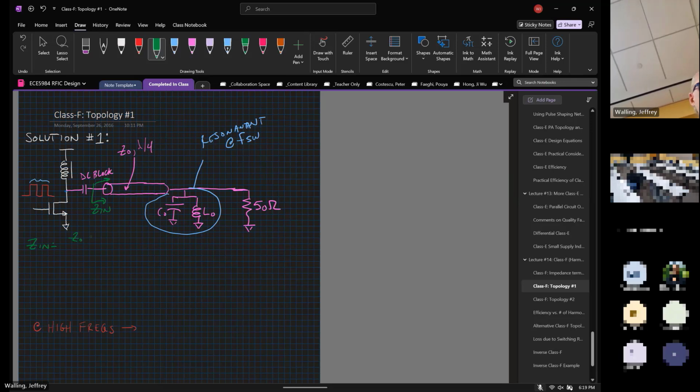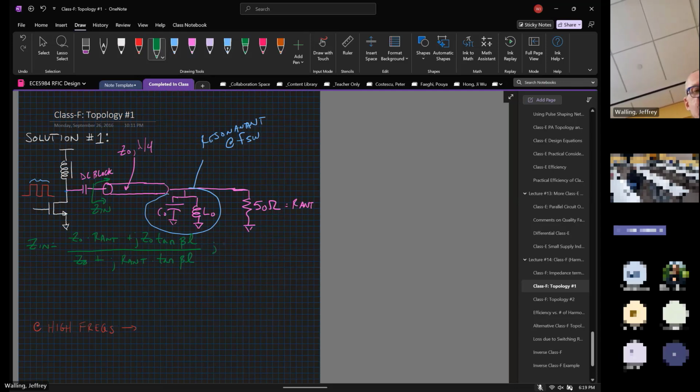It's Z naught times, I'm going to call this R antenna, Z naught times R antenna plus j times Z naught times the tangent of the electrical length, all over Z naught plus j times R antenna times tangent of the electrical length.